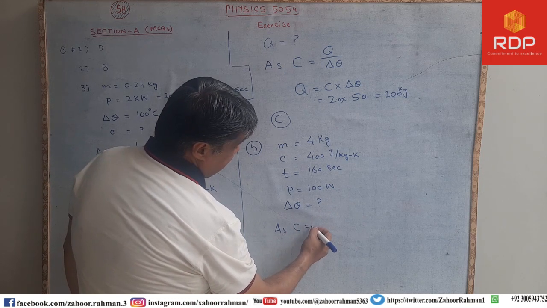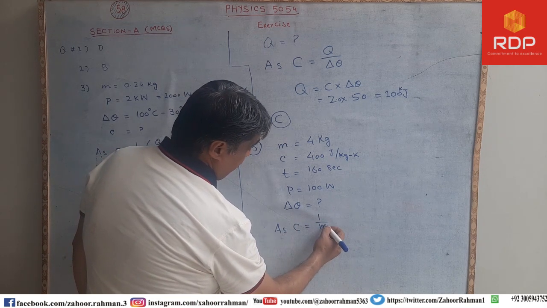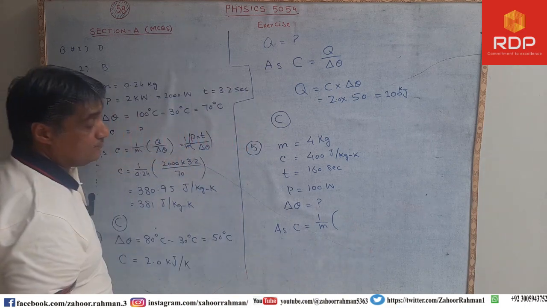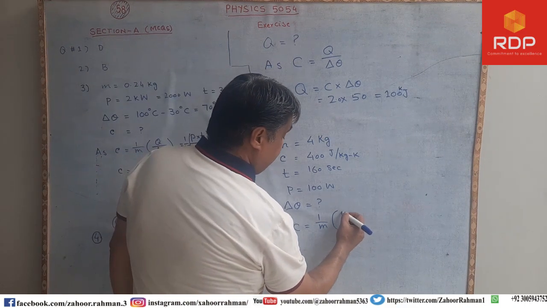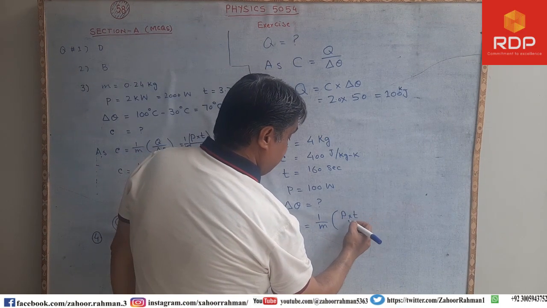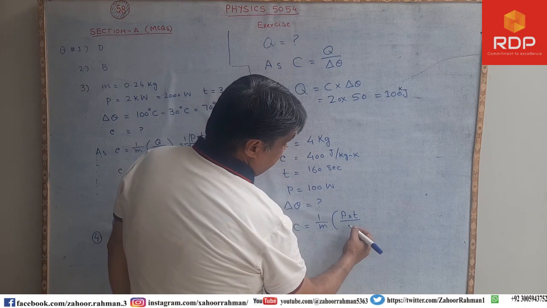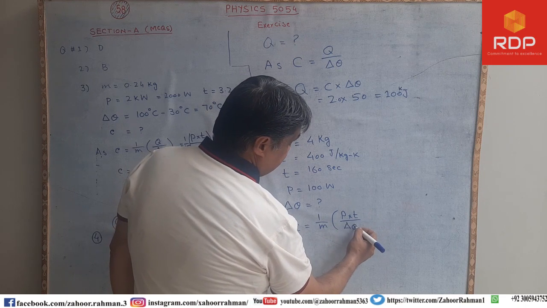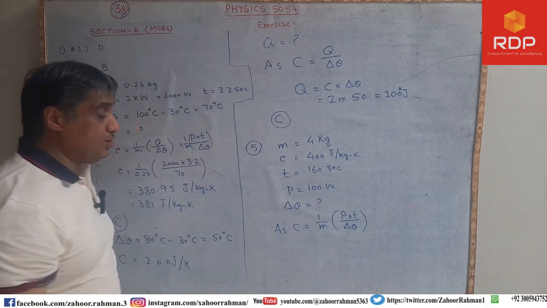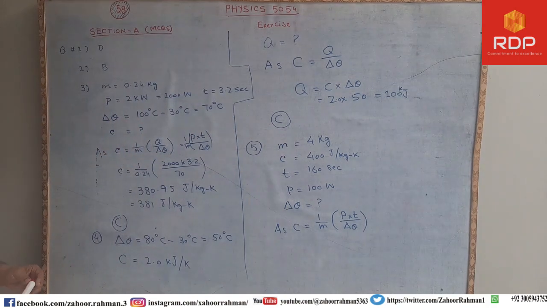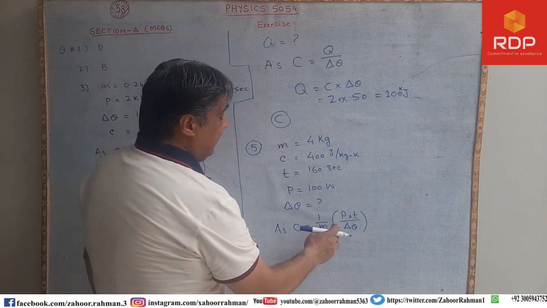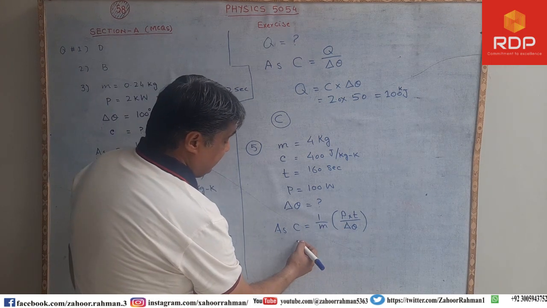Specific heat capacity is 1 over m, and here I am writing PT divided by delta theta. The only thing which is not given is delta theta. All other things are given.